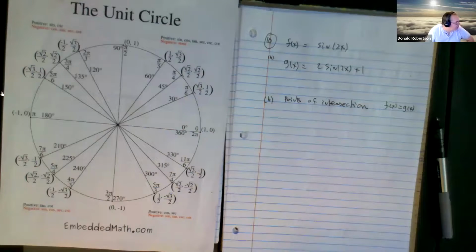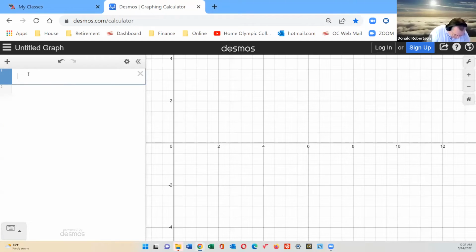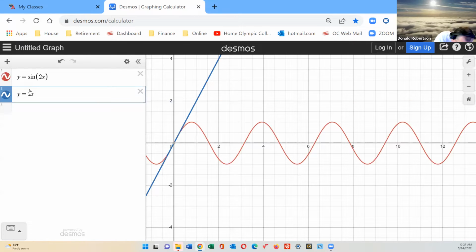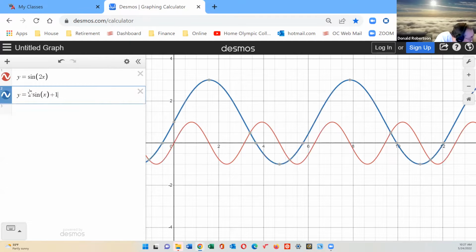And here goes. Sine, basic, Desmos. Right, the first one is y equals the sine of 2x. Nothing very surprising about that one. Y equals 2 sine x plus 1.